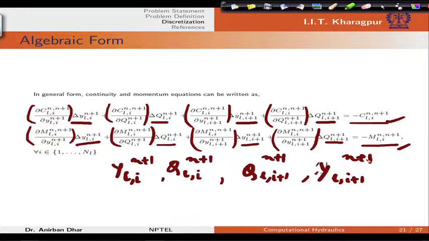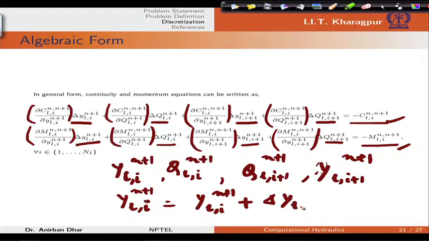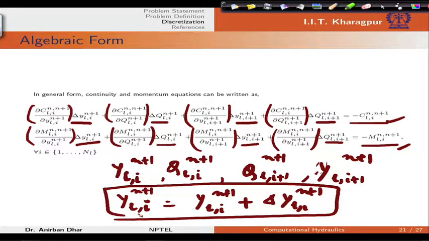Now, in this case after getting this increment values we can directly add it with a previous time or previous level iteration values like this plus del y L I. Similarly, for other variables this expression is repeated.